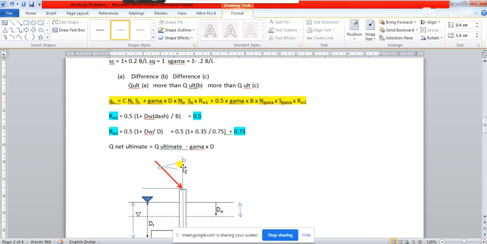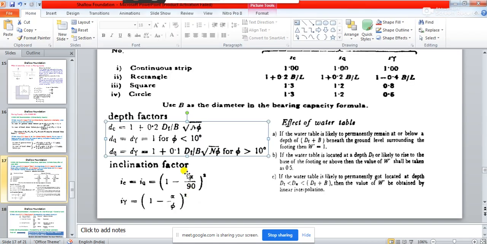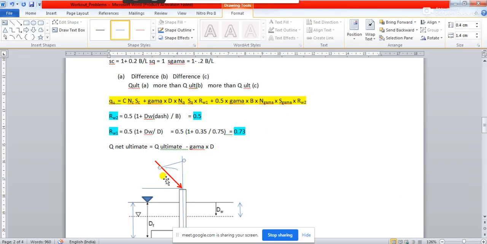So you see, if the load is given such that the inclination with the vertical is 30 degree, then you directly put the value of alpha as 30 degree. Are you getting? But if it is said that the inclination of load with the horizontal is 30 degree, in that case what will be the value of alpha?